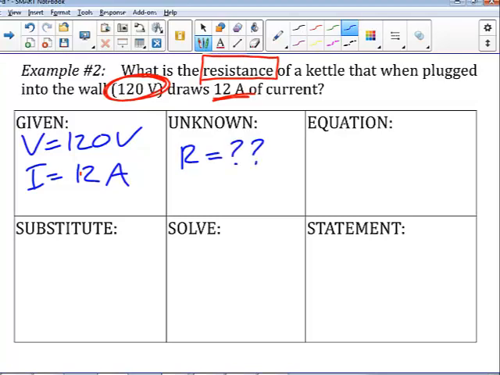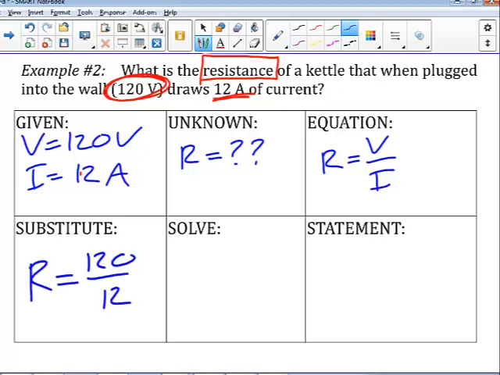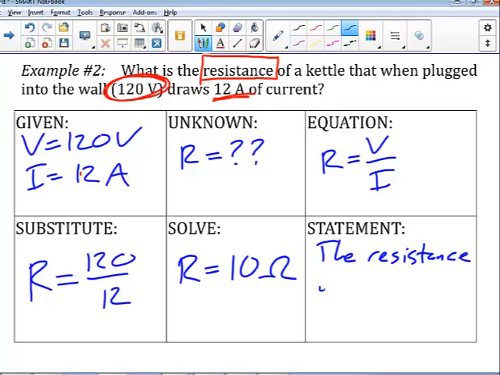Yet again, there's only one equation we can work with right now, and that is resistance is equal to voltage over current. Let's plug those numbers in. Now when we put 120 divided by 12, our resistance is equal to 10 ohms. So therefore, the resistance of a kettle is 10 ohms.